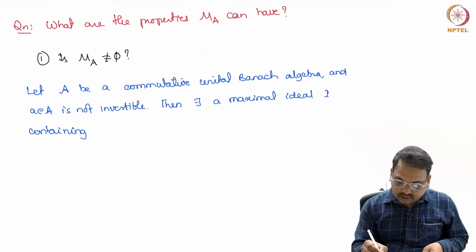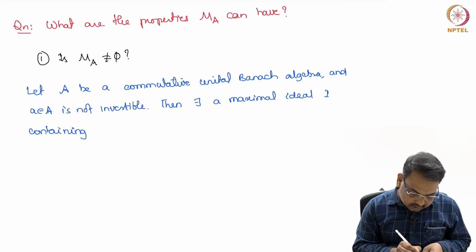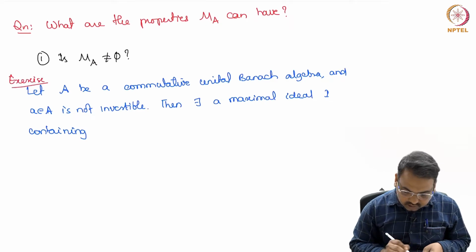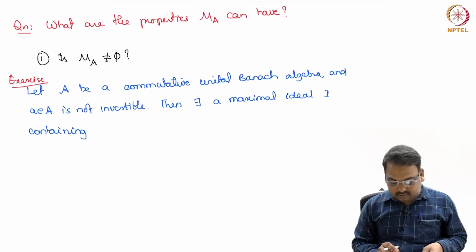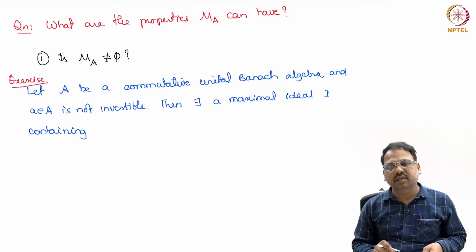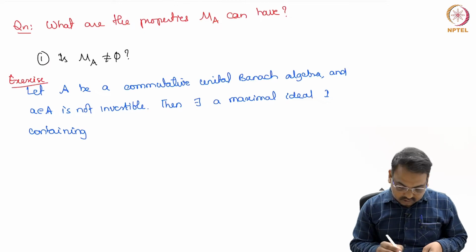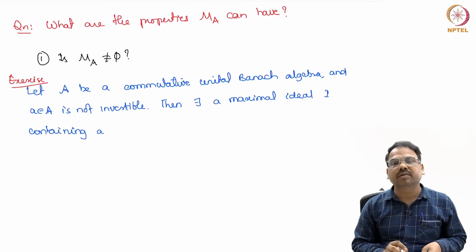Now using that we can prove the following result: given any non-invertible element, we can find an ideal containing that element, and by using Zorn's lemma we can conclude that there exists a maximal ideal containing the given element.